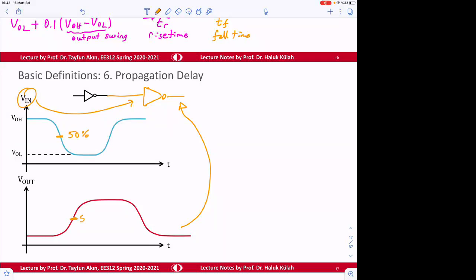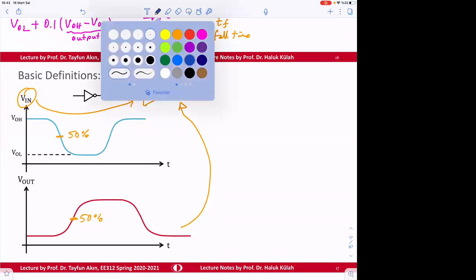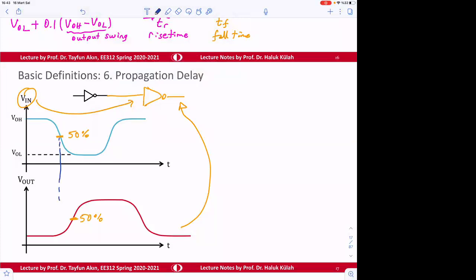And this is also the 50% point. So when you switch a signal from one state to another, there's going to be a delay between these two. And this is going to be something of interest.